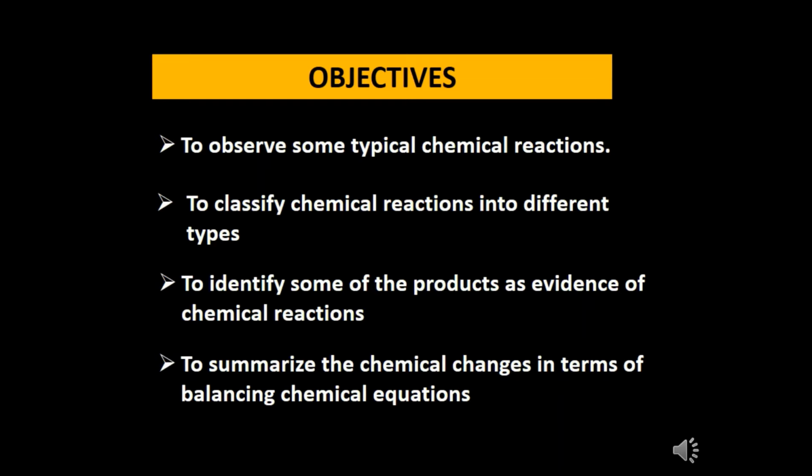The chemical equation uses the formulas of the compounds. We don't need to go to the lab, but we need only the formulas of the compounds or elements, and then we can properly express a chemical reaction in the form of a chemical equation. So these are called chemical equations. Of course, we will balance them later on.